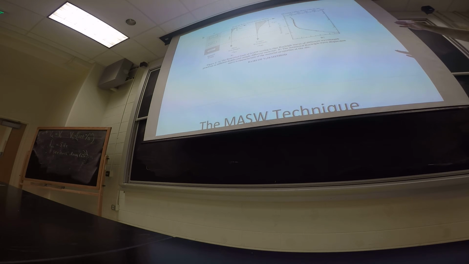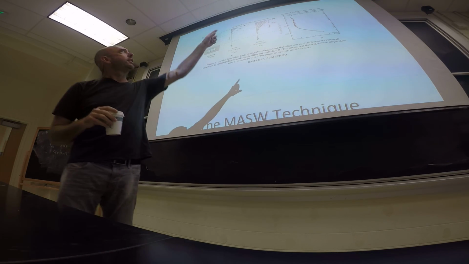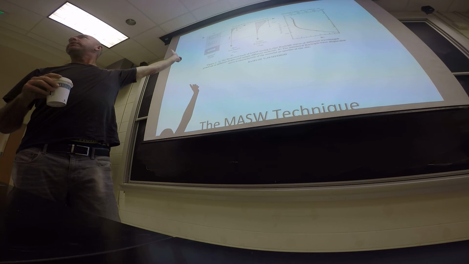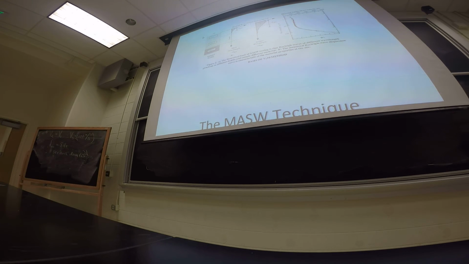And what you need to do in order to get your material profile is you need to take this data and invert it. This is data. You need to invert it for the Earth model. It's called surface wave inversion.